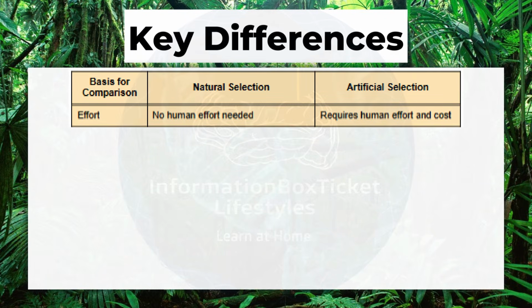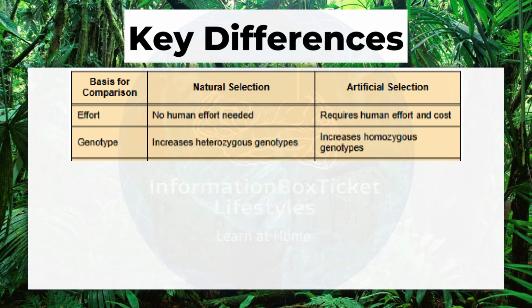Natural selection requires no human involvement and occurs without effort, whereas artificial selection can be labor-intensive and costly. Natural selection increases the proportion of heterozygous genotypes in a population, while artificial selection increases the proportion of homozygous genotypes due to repeated selection for specific traits.